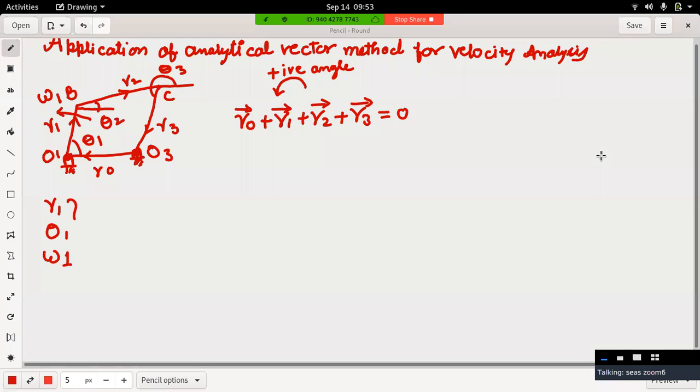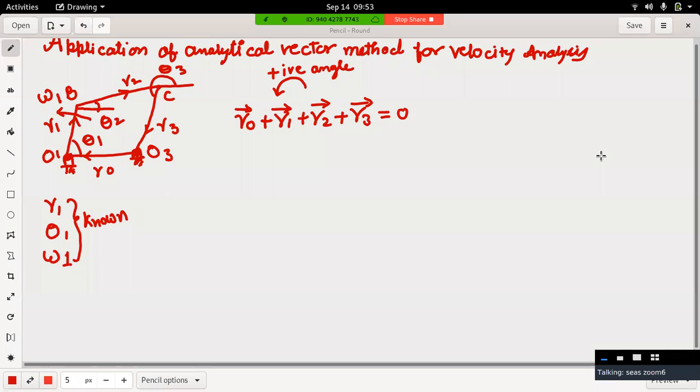So these three things are known. And we need to determine the angular velocity of link BC (R2) or the angular velocity of link R3, or the velocity of any point on link R3 or any point on link R2.